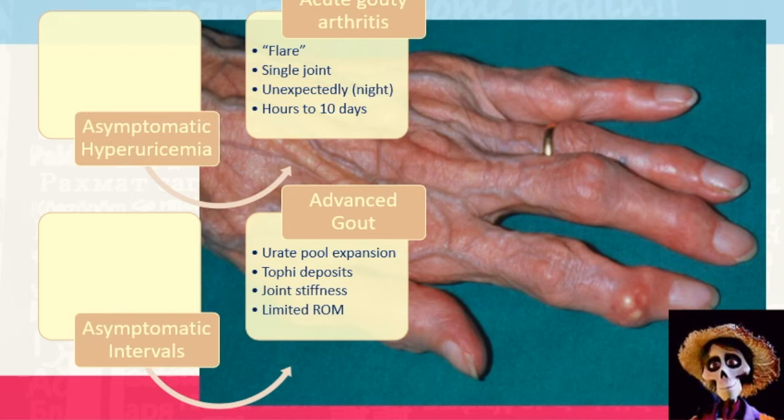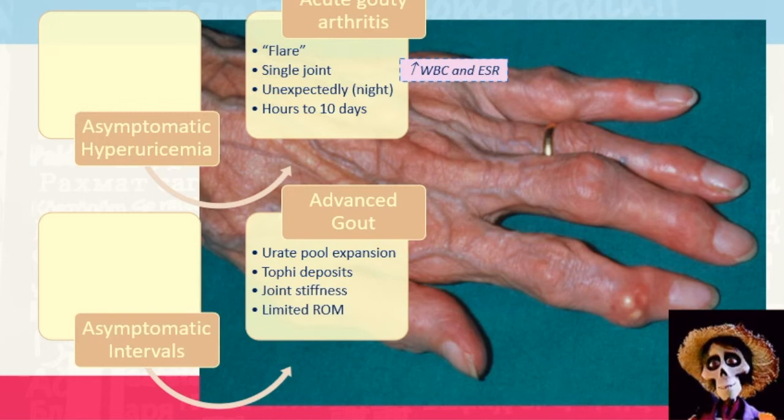That's one. Second, it's also related to the deposits of your urate. That's also the same reason for your limited range of motion. So the tendency is your patient would progress from asymptomatic hyperuricemia going towards acute gouty arthritis, followed by asymptomatic intervals, followed by your advanced gout.